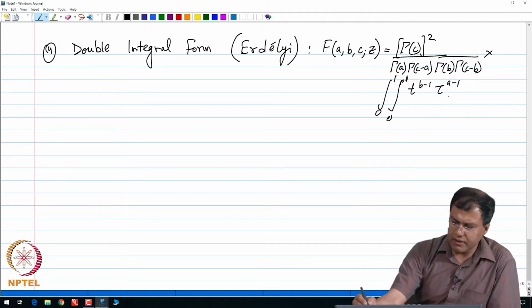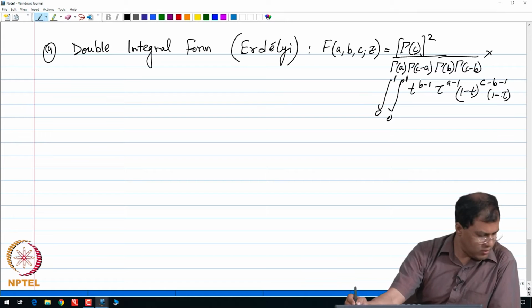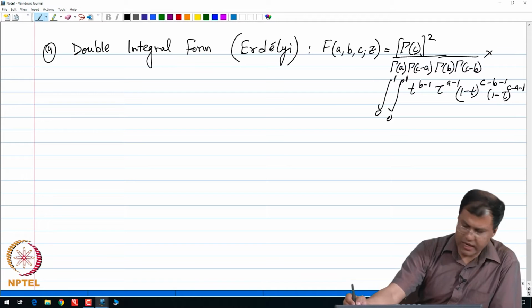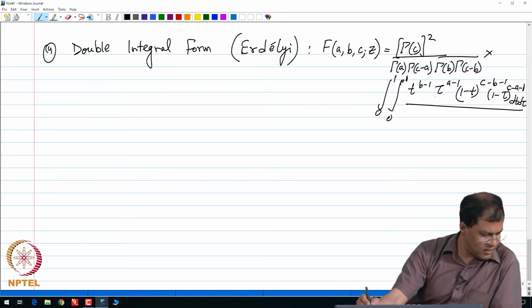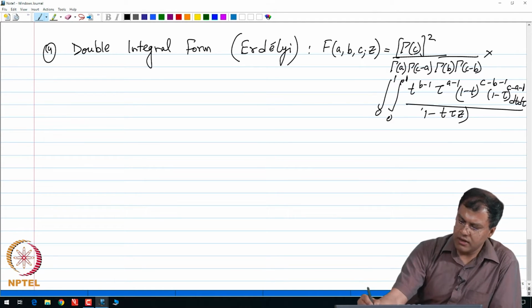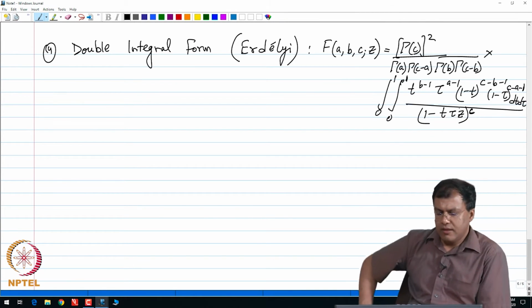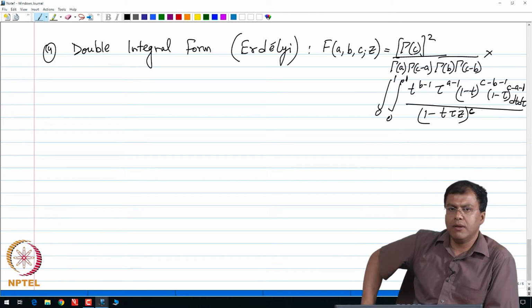So, t to the power b minus 1, tau to the power a minus 1, 1 minus t to the power c minus b minus 1 times 1 minus tau to the power c minus a minus 1, and then integral with respect to dt and d tau divided by 1 minus t times tau times z to the power a. Okay.